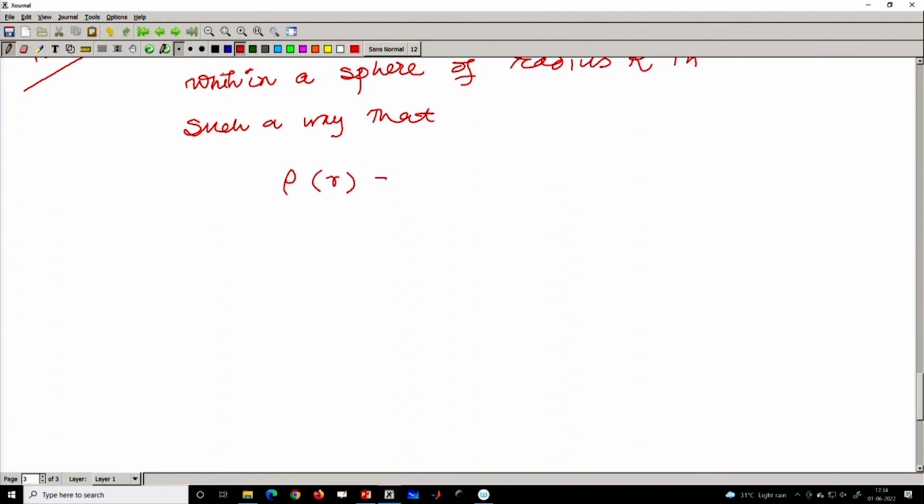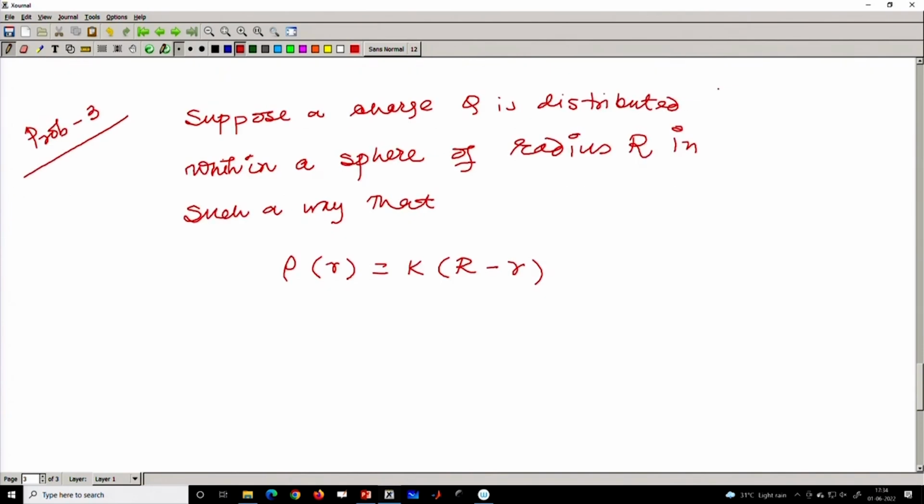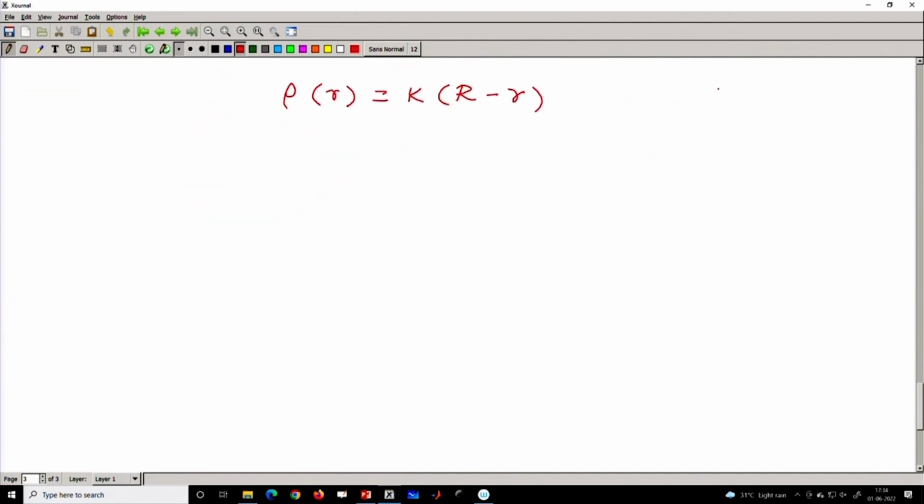So, the variation of the rho is given. It is like the problem we had as problem 1. The Q is distributed in such a way that the charge density is not uniform and it is distributed in this way. From the origin to a certain r, it is this, and beyond that it is 0 when r is greater than r. Now, the charge distribution is given.